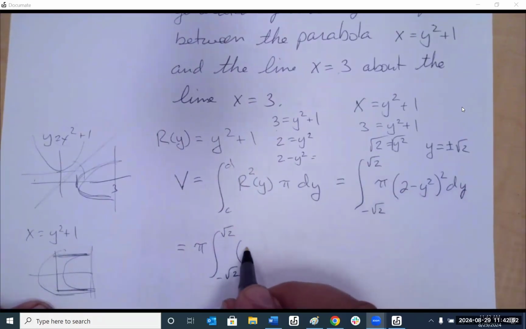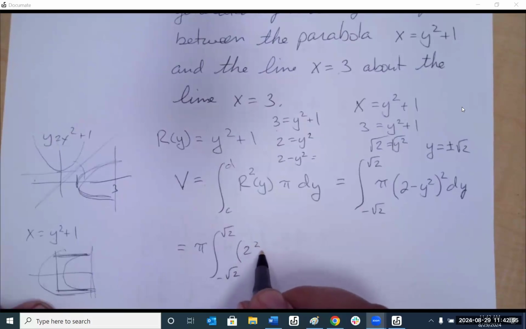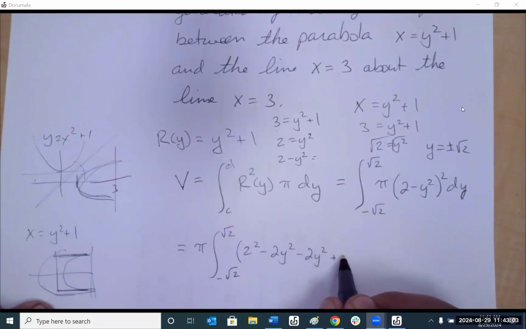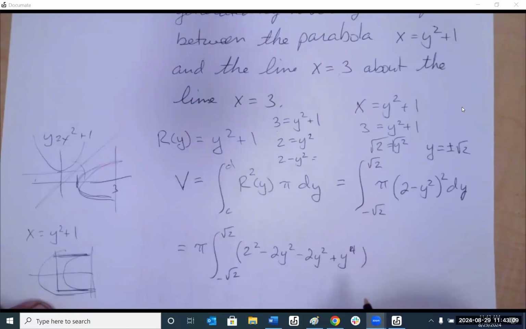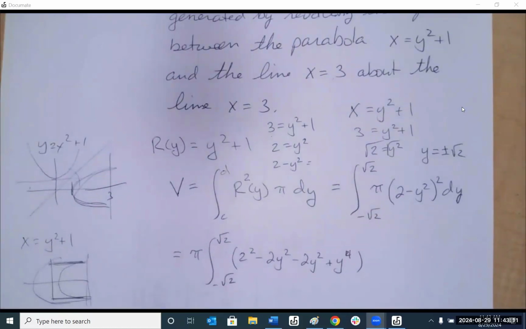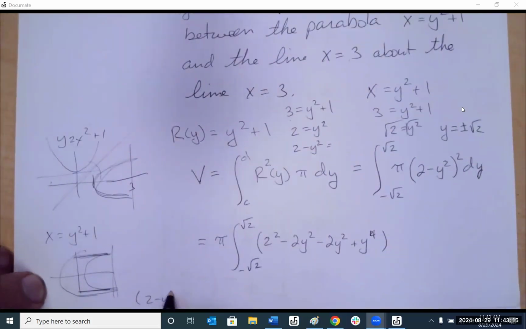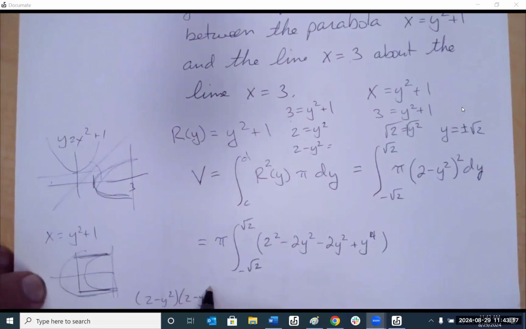So 2 squared minus 2y squared minus 2y squared plus y to the 4th. Because we do 2 minus y squared times 2 minus y squared.